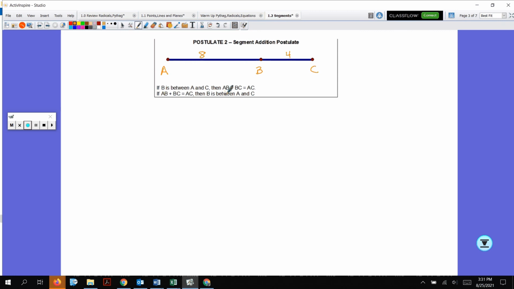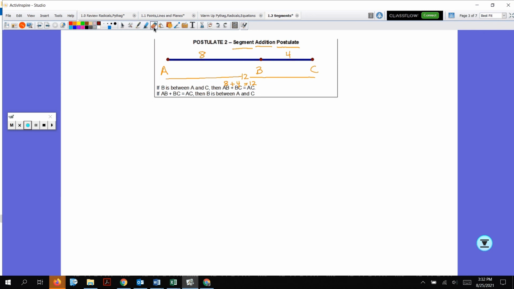Well, if AB is 8 and BC is 4, 8 plus 4 equals 12. That equals the whole length of the entire segment, right? Hence the term segment addition. Oops, I'm on the wrong words.